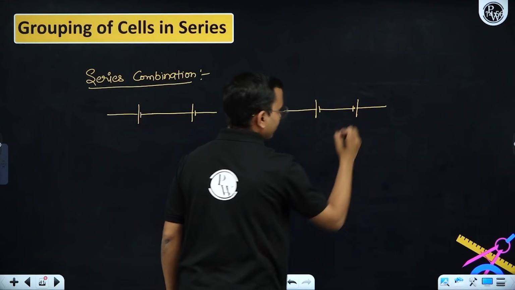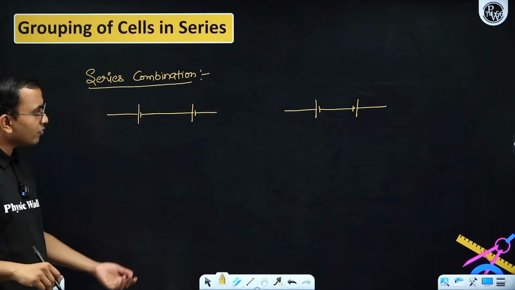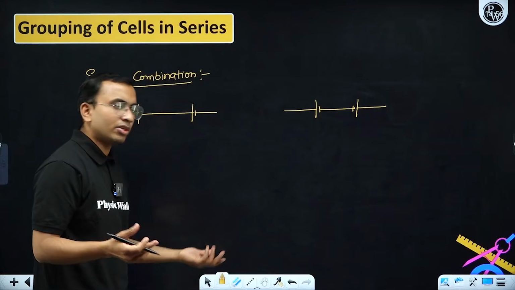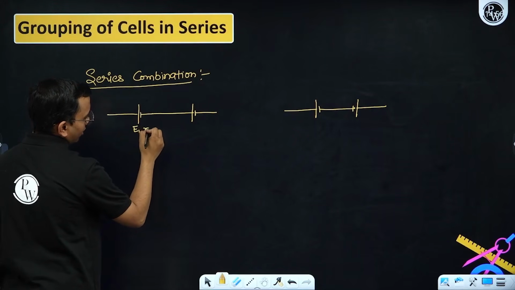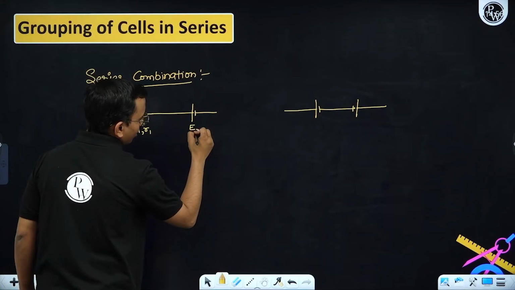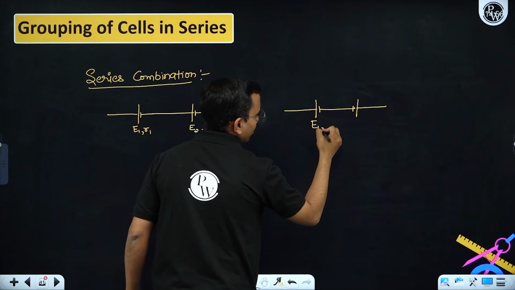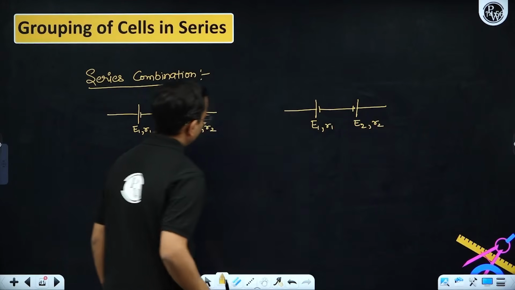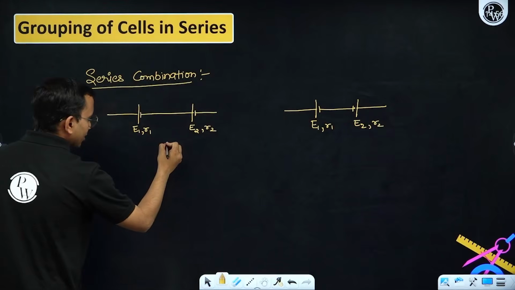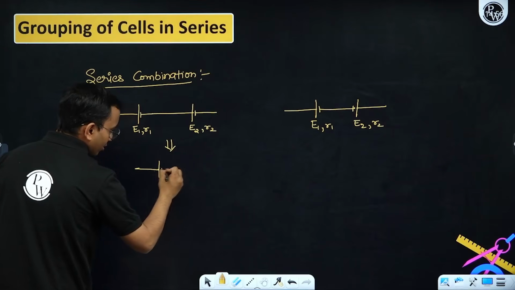like this. You may say, sir, why you are not drawing internal resistance here? Sometimes we specifically show internal resistance, sometimes we don't, so we just write here. So here I'll say this is E1 comma R1, this is E2 comma R2. Now here we are considering equivalent of this.